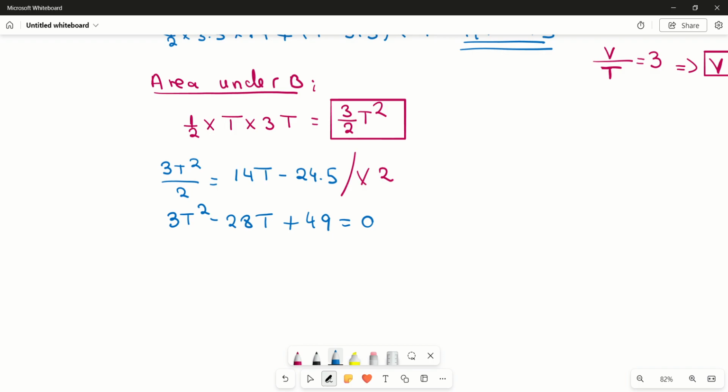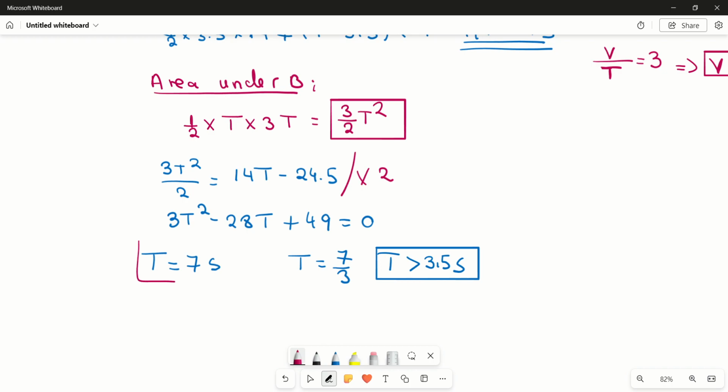If I use the quadratic formula, I get t equal to 7 seconds, and t equal to 7 over 3. But I do know the time must be greater than 3.5 seconds. So the accepted value of my time must be 7 seconds.